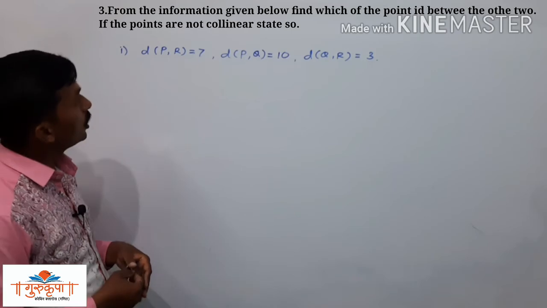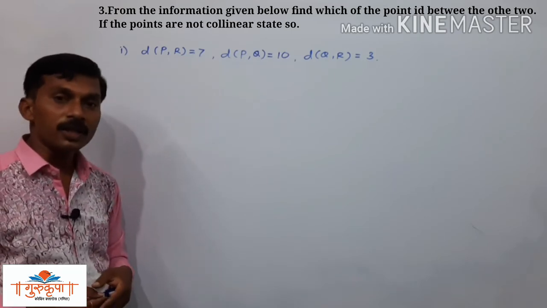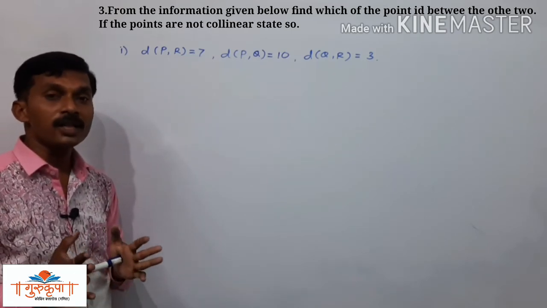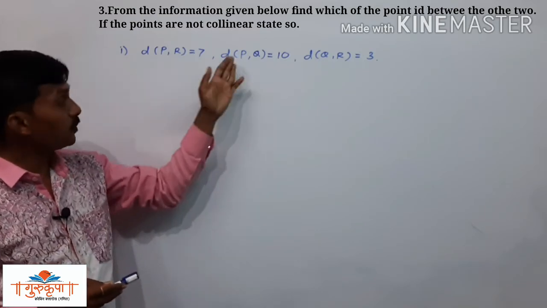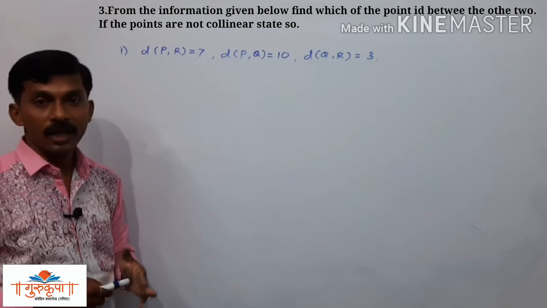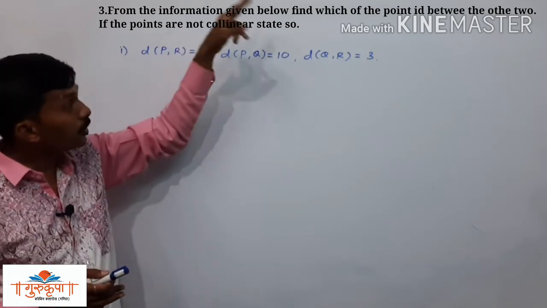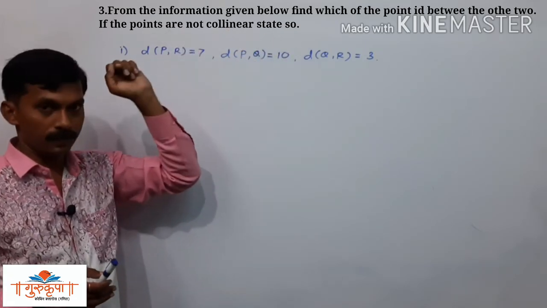So in the previous video lecture we already discussed that 3 points are said to be collinear if we know the distances between all the 3 points, and if the sum of any 2 distances is equal to the third.